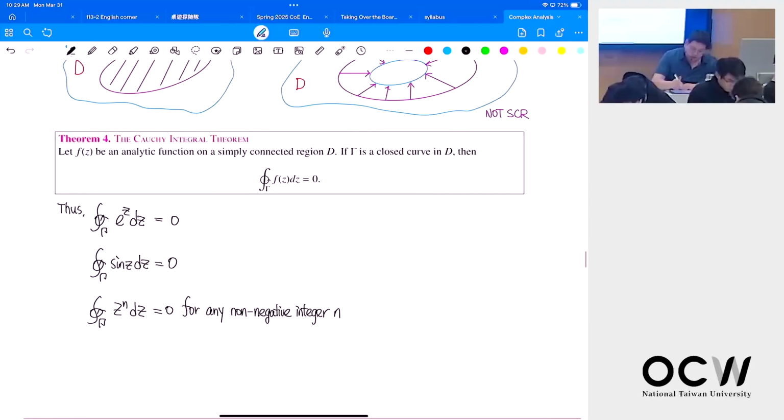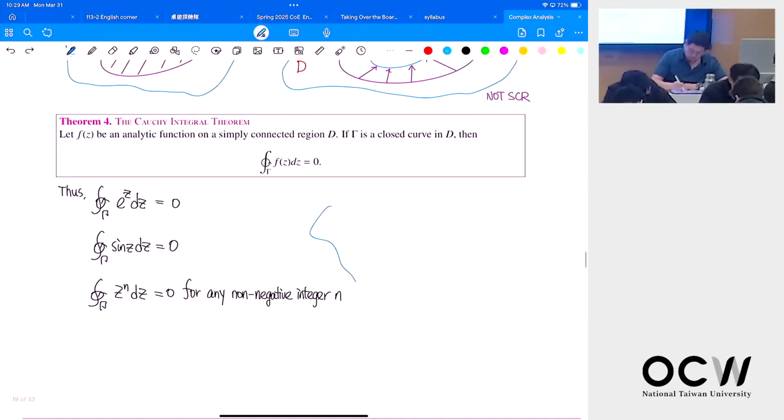So suppose I have this, here is a region D. It is simply connected.